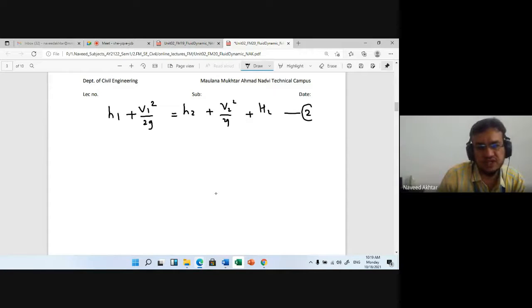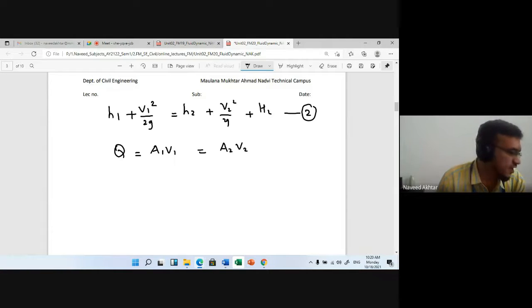I will give this equation number 2. And we know the discharge is A1 V1 is equal to A2 V2, area into velocity. I will give this equation number 3.